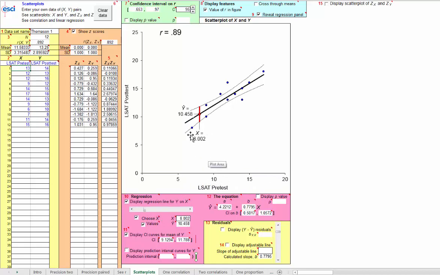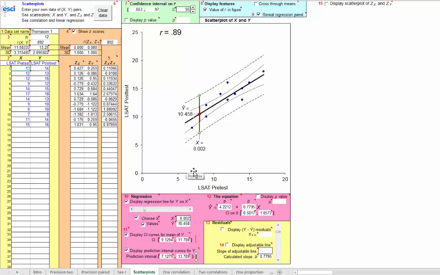So there we are back at x equals 8. We have one more interval to consider, and that's a prediction interval. And there it is, this green interval here. And here we're answering a slightly different question. We're saying, well, at x equals 8, for somebody who gets an LSAT pretest of 8, what sort of range of possibilities are there for their post-test?